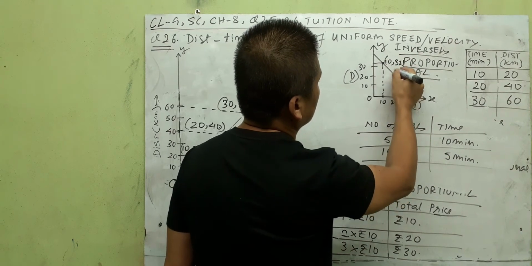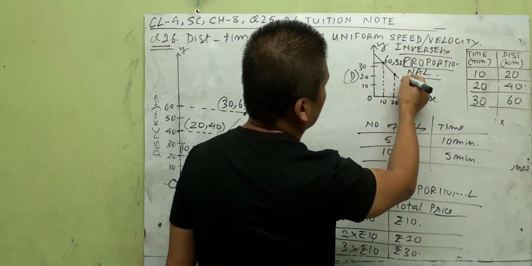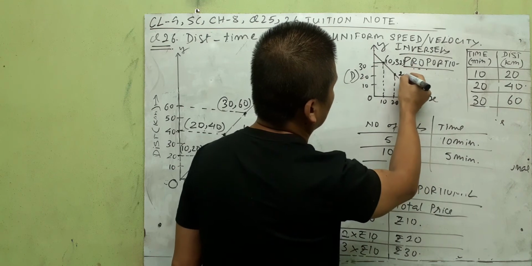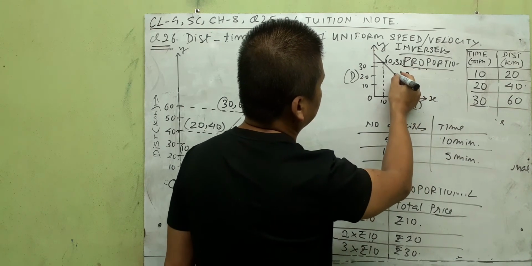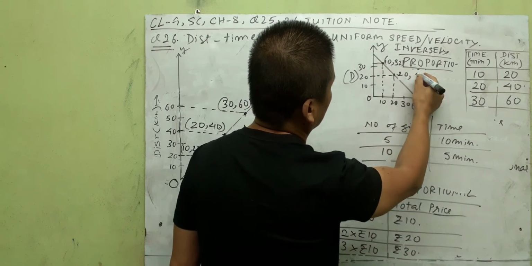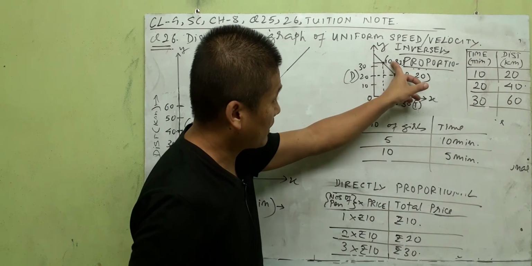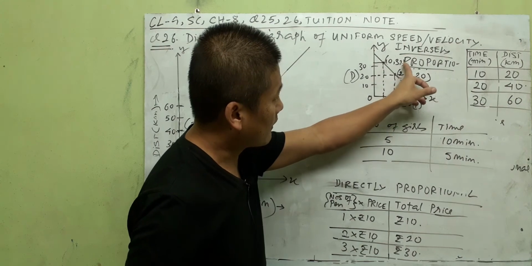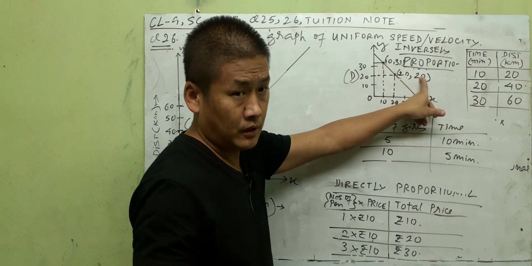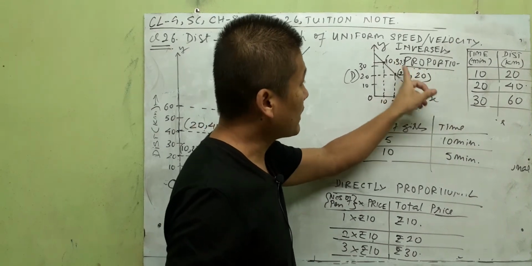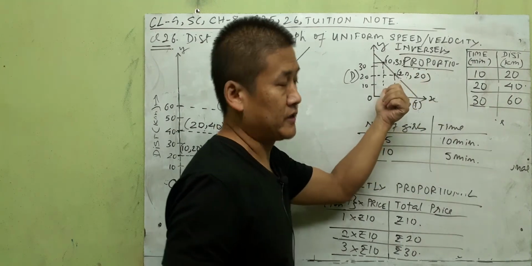Then at 20 minutes, just take 2 points, you'll understand, it is covering 20 kilometers. So can you see here, as you increase the time from 10 minutes to 20 minutes, distance covered goes from 32 down to 20. So distance is decreasing. As time increases, distance decreases. Then this is called inversely proportional.